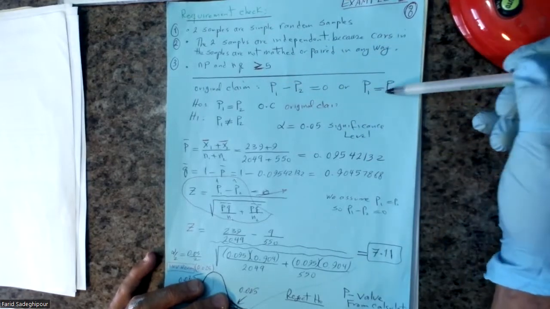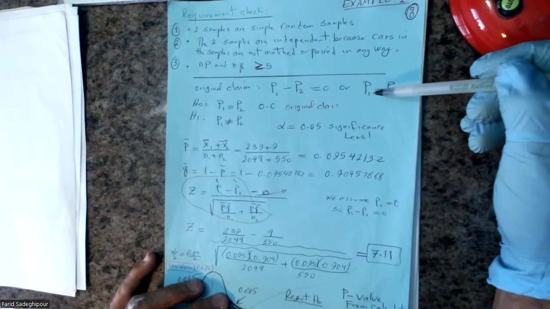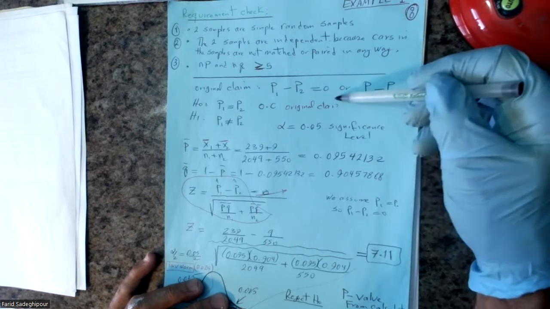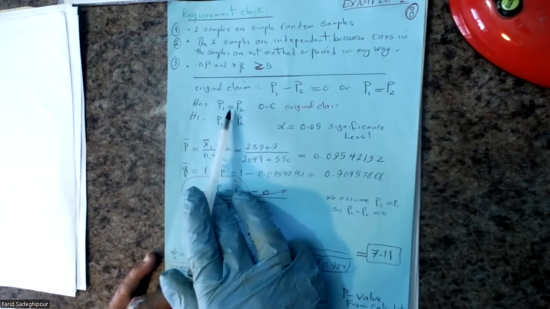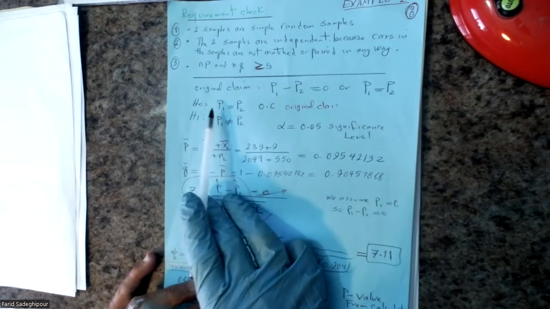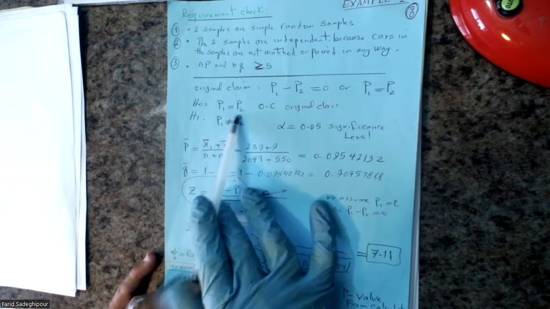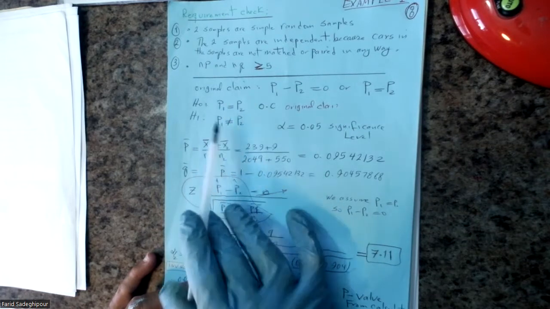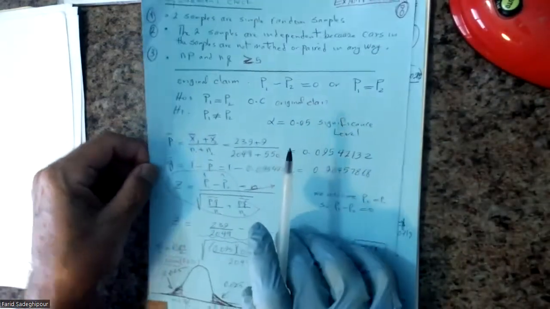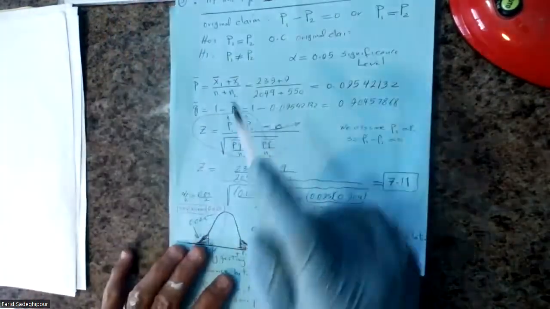Okay, so what is the claim? The claim was that these two are equal. The proportions with the real license plate are equal, so the difference equals 0. The original claim happens to be H0 because H0 always takes the equality sign. H0 is they're equal, H1 is they're not equal. Remember that the determination of tails depends on this sign.